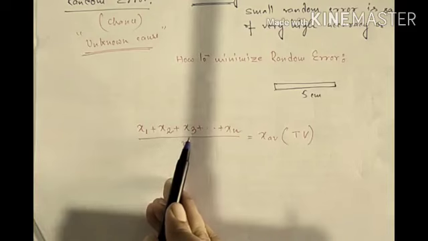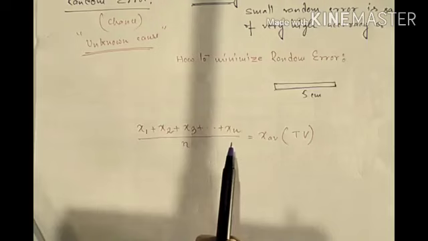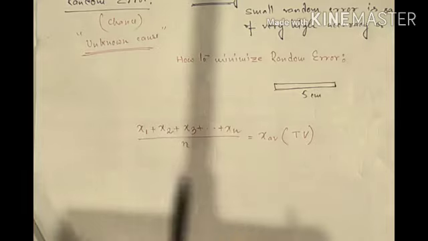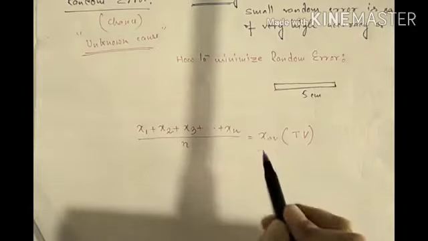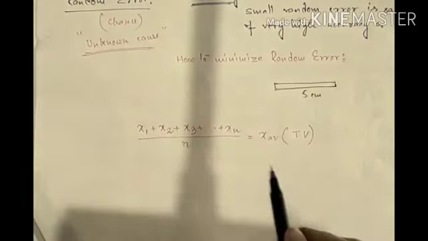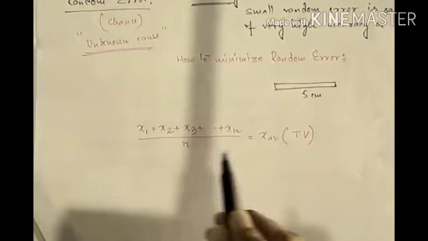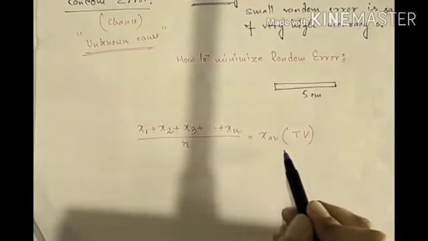So like that, Xn is the result corresponding to the nth observation. If I take the average of all the measurements, the result comes out to be, say, X average. I denote the average of all the measurements by X average, and this is considered to be the true value, because in order to calculate the error, I have to have the true value and the measured value.